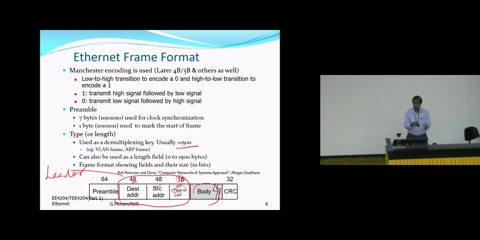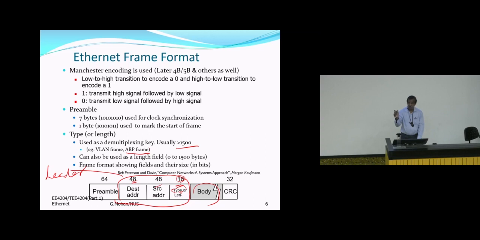So we need to send some type of messages, and that's also a frame. To differentiate the normal data frame from a different type, let's say an ARP frame, we specify this. So if the value is greater than 1500, it represents the type. For example, if it's an ARP frame, there's a specific number.